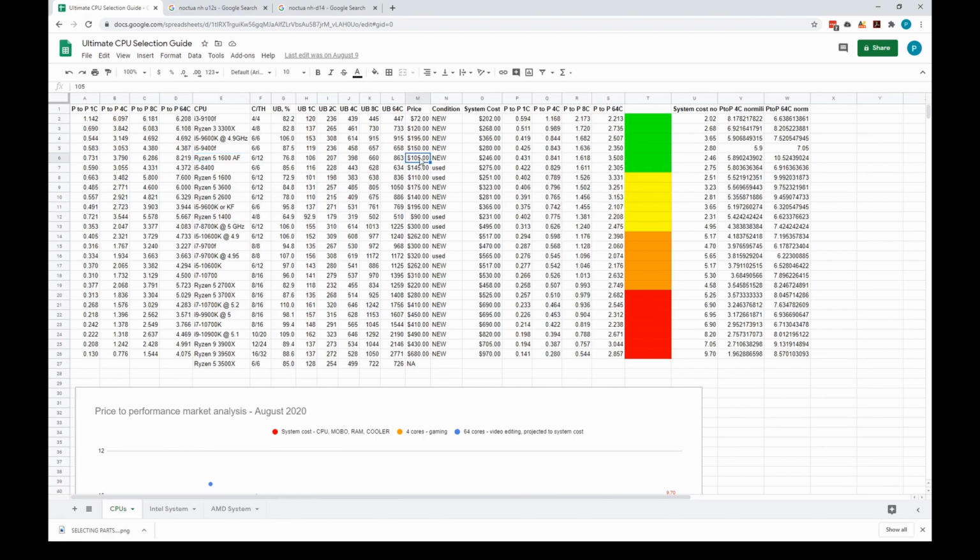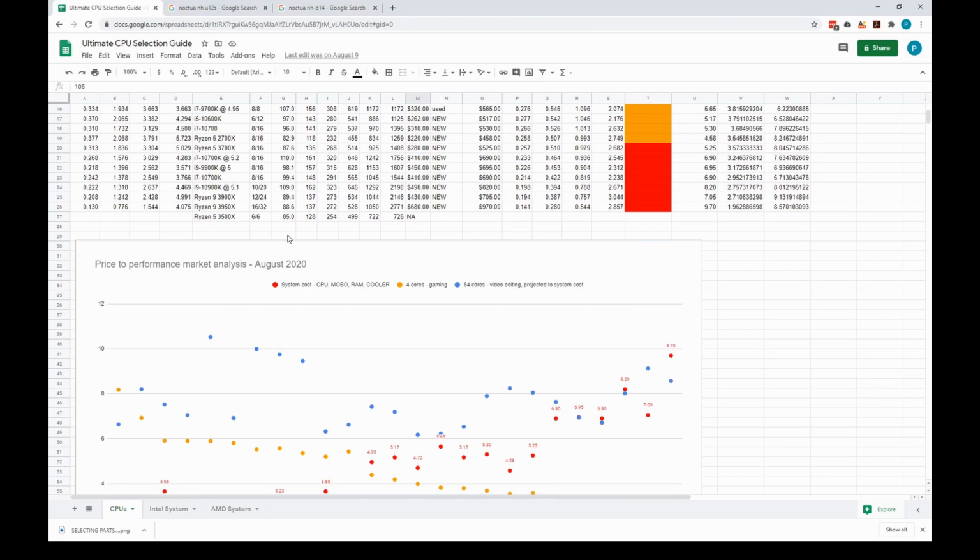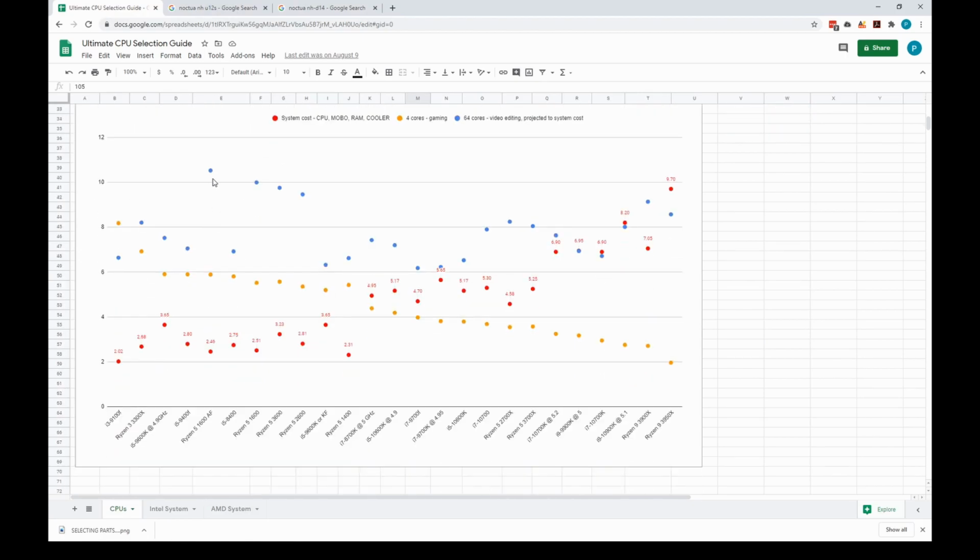That was the price when I was creating this table. So at $105, this processor just wins in terms of 64 cores performance. It doesn't mean that this processor has the most score for multi-core performance.